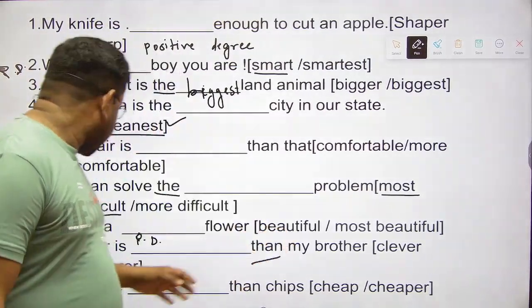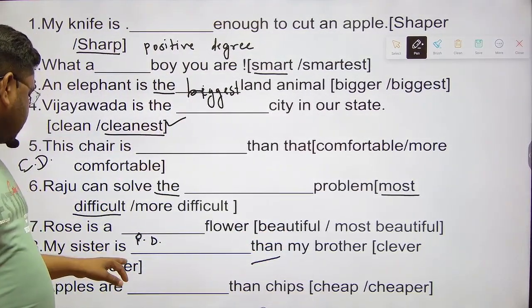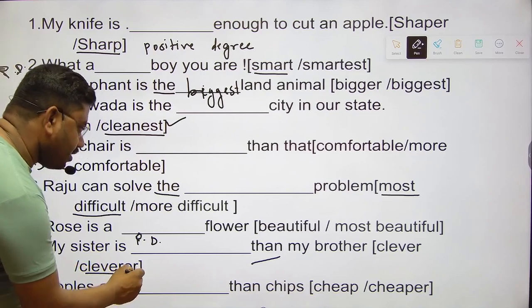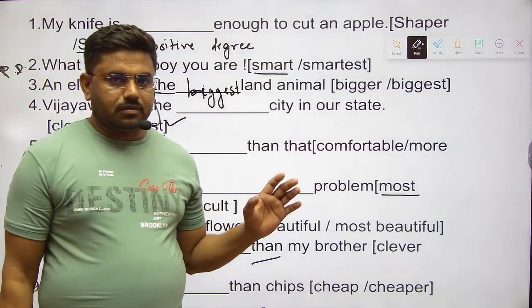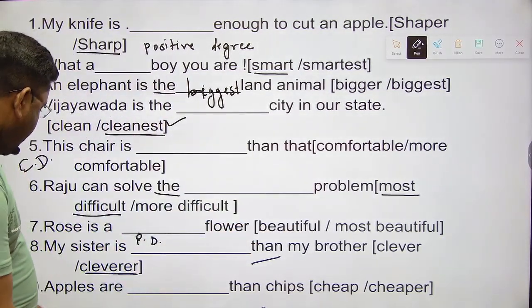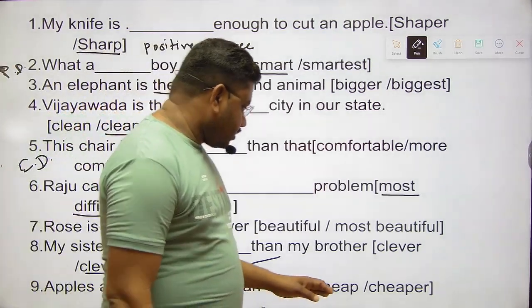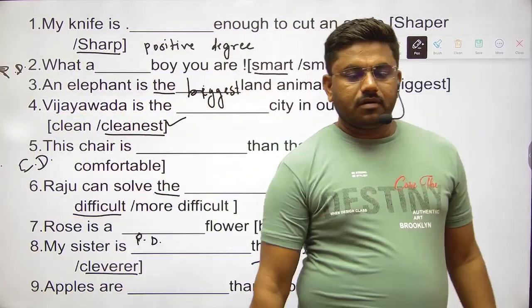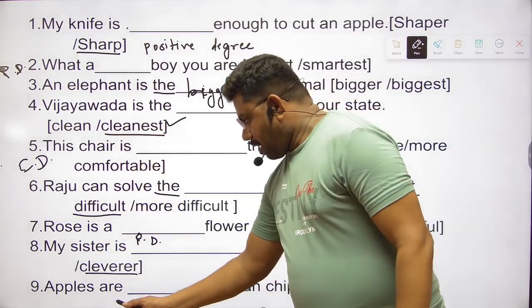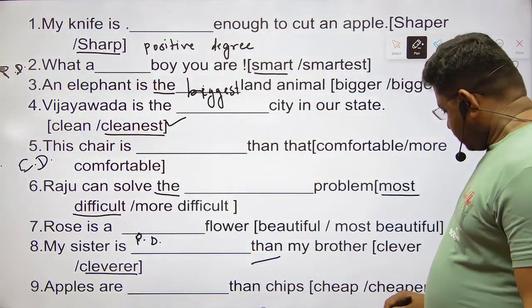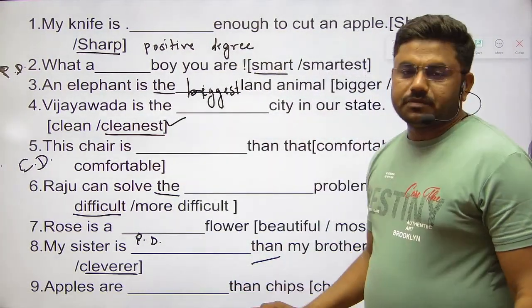So we have to use: my sister is cleverer than my brother. Okay, now next, apples are dash than chips. Cheap or cheaper? Apples are cheaper than chips.